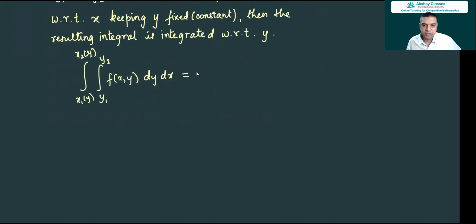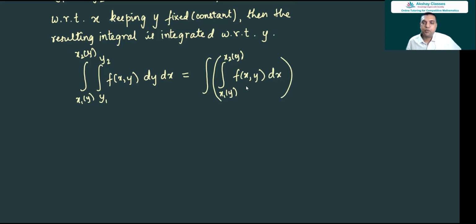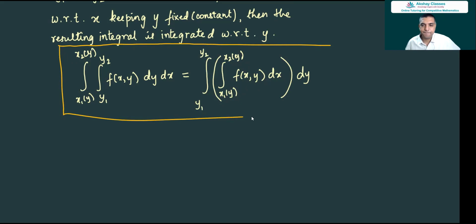You may have dy dx, but the way this is integrated is first we integrate with respect to x, treating y as constant, and then substitute the limits of x. And then we integrate with respect to y. So this is the working rule.